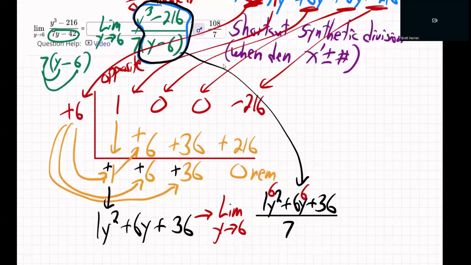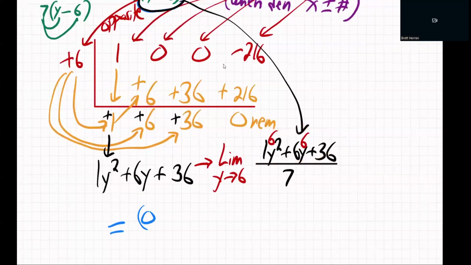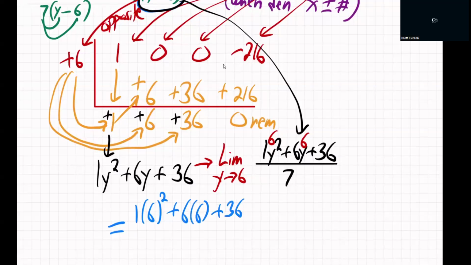Well, now it'll work. Plug in the 6, what are you going to get? 1 times 6 squared. Plugging in 6. Let's try this again. 1 times 6 squared plus 6 times 6 is 36, all over 7.